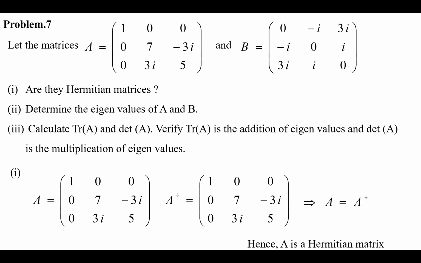So first we will change the rows. 1 0 0 is given as 1 0 0 column-wise. 0 7 minus 3i will give us 0 7 plus 3i, so we have to take the complex conjugate. Similarly, the last row 0 3i 5 will give us 0 minus 3i 5. You compare A and A dagger, both are equal. So we can say that A is a Hermitian matrix.